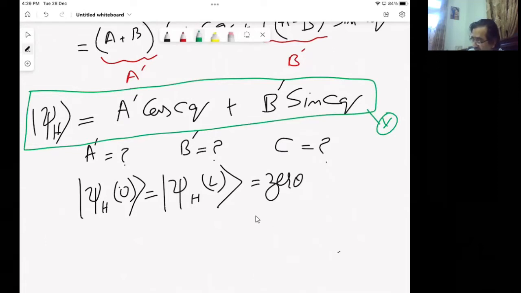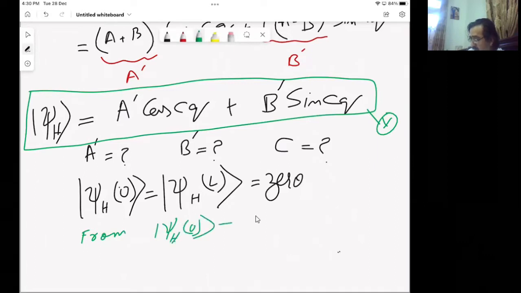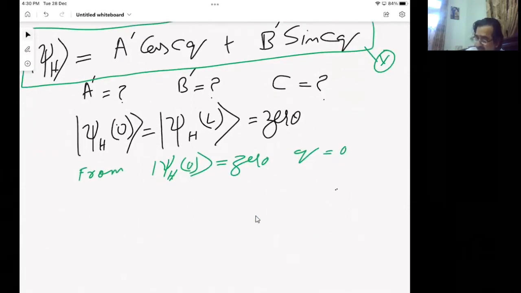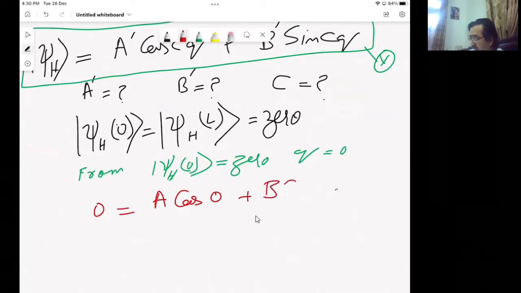firstly we consider Q0. Equation X will become equation 1: 0 equal to A cos 0 Q0, plus B sine 0.